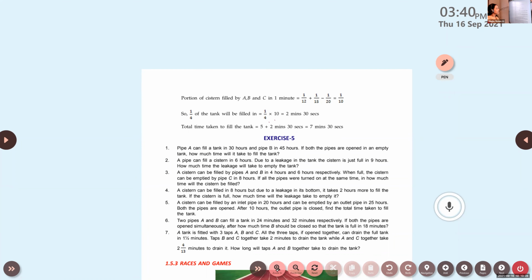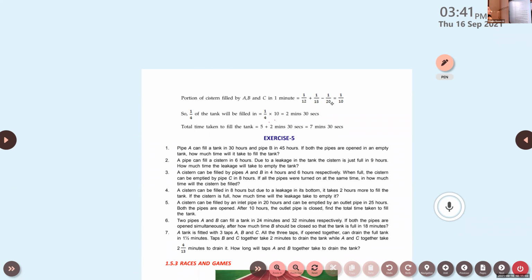That means it takes 10 minutes to fill one full tank. Now we have to fill 1 by 4 of the tank. It fills 1 by 12, 1 by 15, and we put minus 1 by 20 because water is going out, so we get 1 by 10.